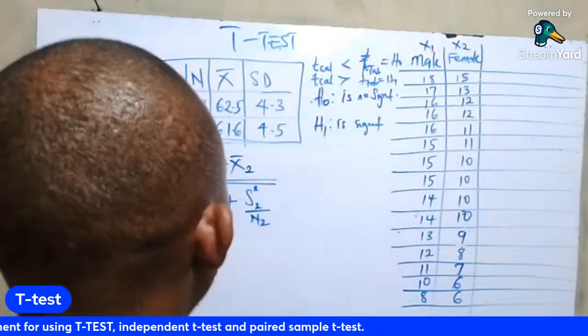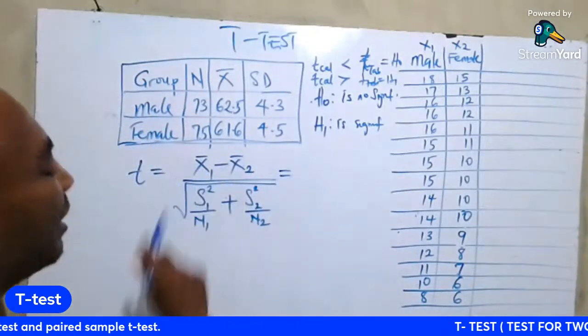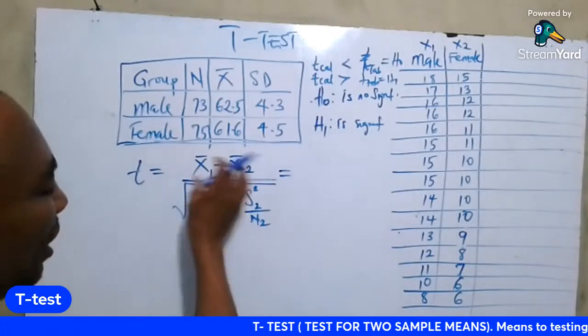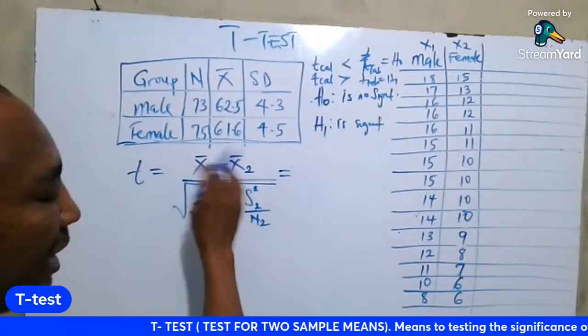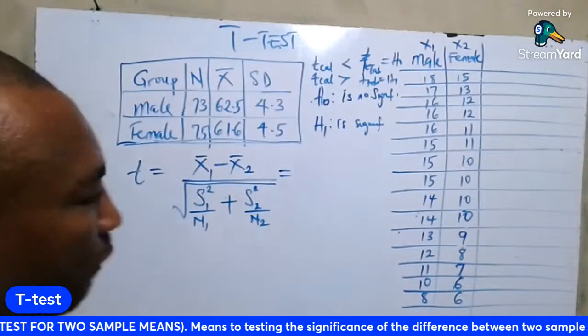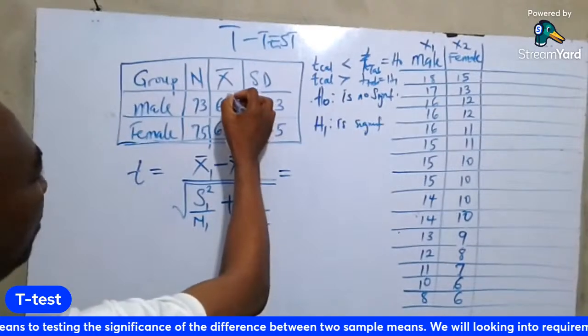So let's come back to this now. As for this, some textbooks may call this D, some may call it whatever name they call it. This is just talking about the difference in the mean of the values.